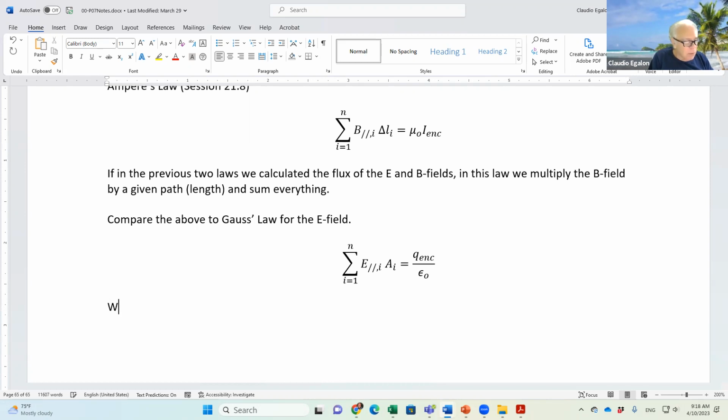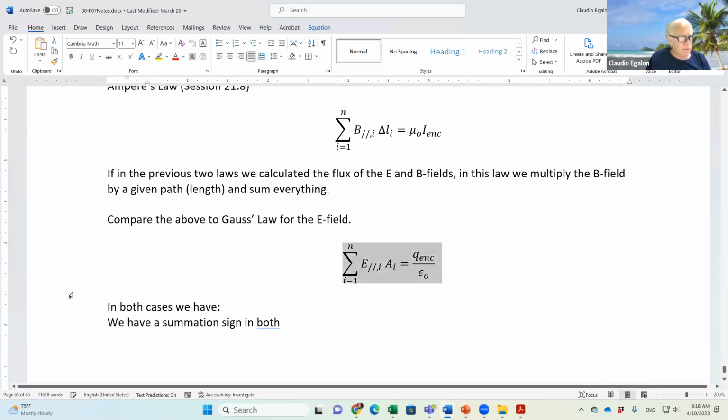I'm going to spell that out. In both cases, we have a summation sign. If you memorize that, it's not going to be difficult to memorize this one.